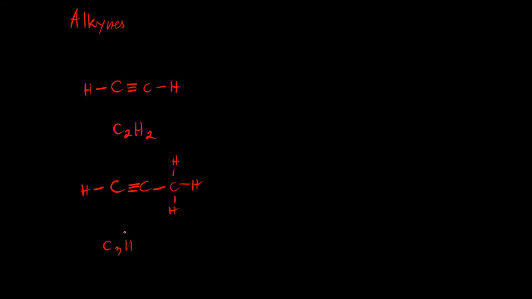Okay, for the alkynes, for example, you have the simplest one. So let's count. C2H, how many? 2. How about for C3? 1, 2, 3. H is 1, 2, 3, 4.